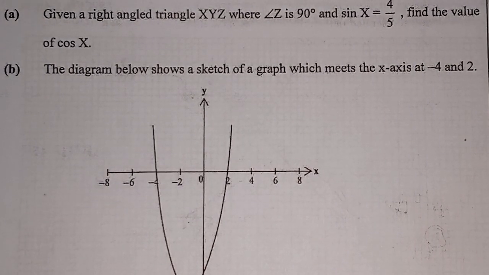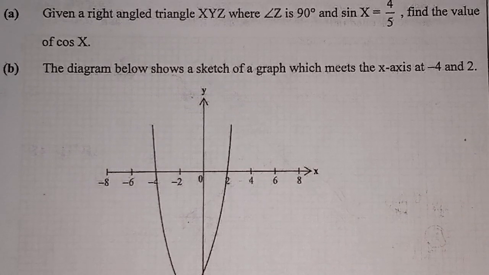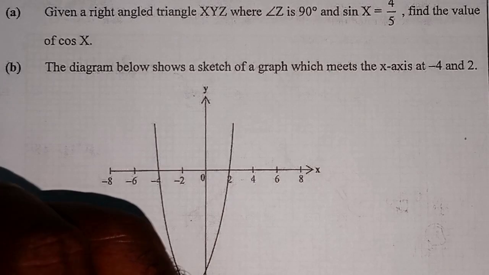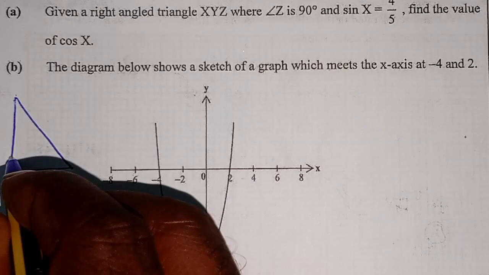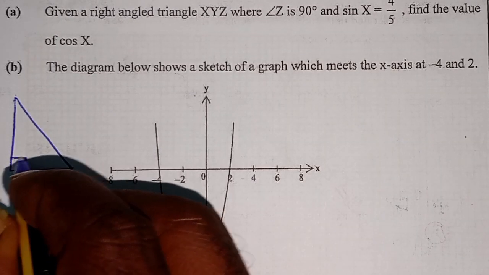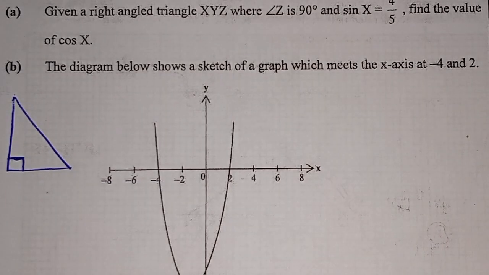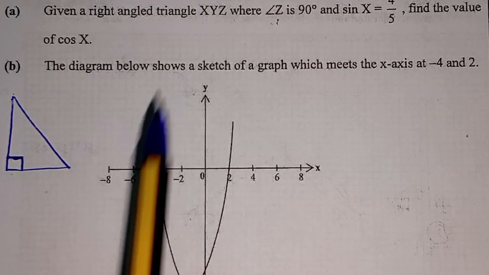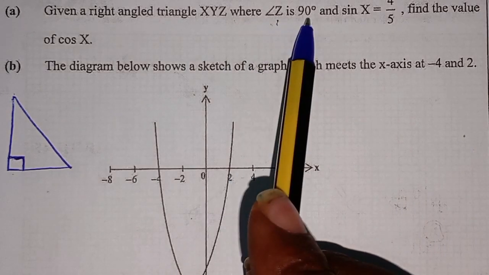Okay, so the best way here is to make a right angled triangle. So this is 90 degrees. So angle Z is 90 degrees.